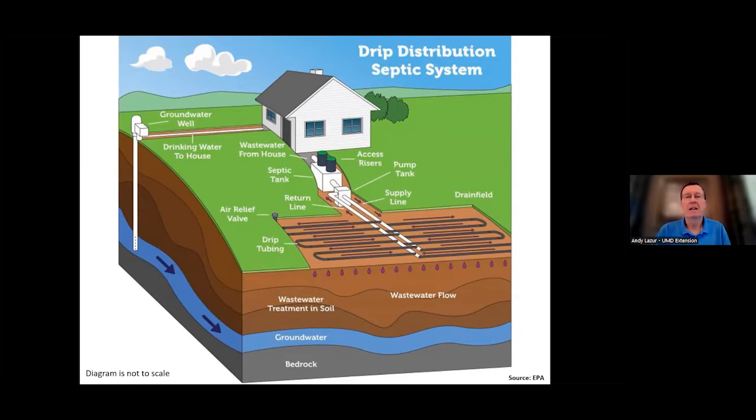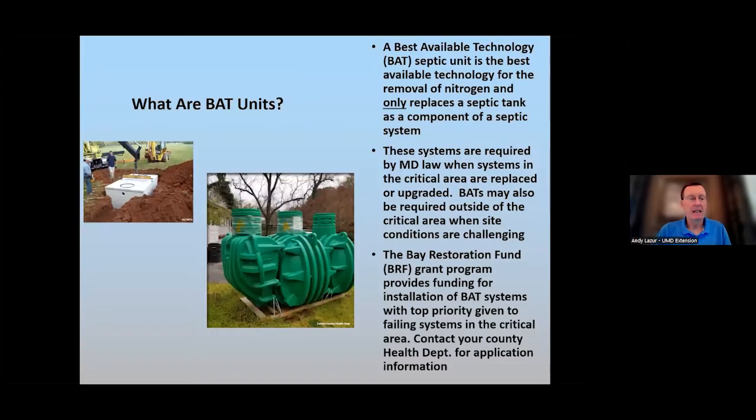So again, a drip dispersal system would have different types of landscaping recommendations. And then you have the BAT units that we call them here in Maryland. They're called advanced treatment units or aerobic treatment units in other states. But this is a typical concrete septic tank going in here. But this particular system has 3 access lids. Okay.